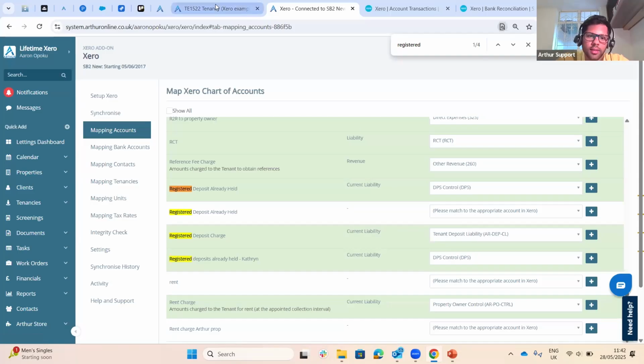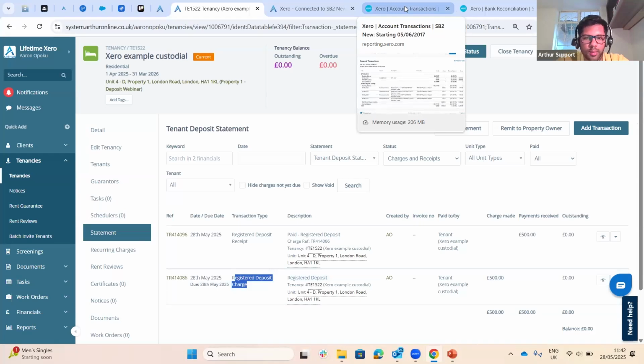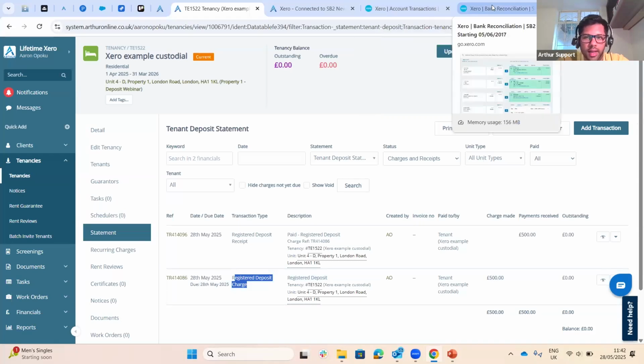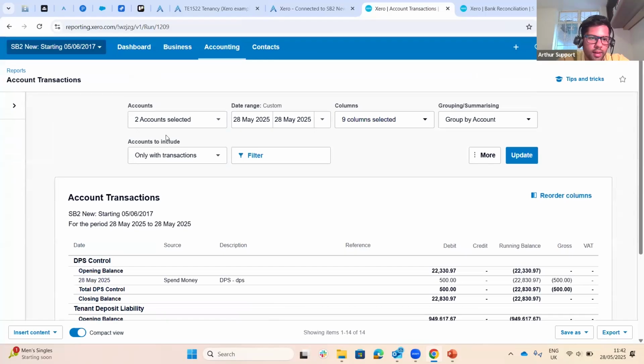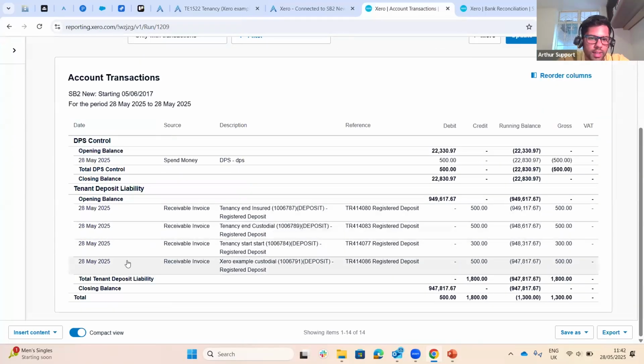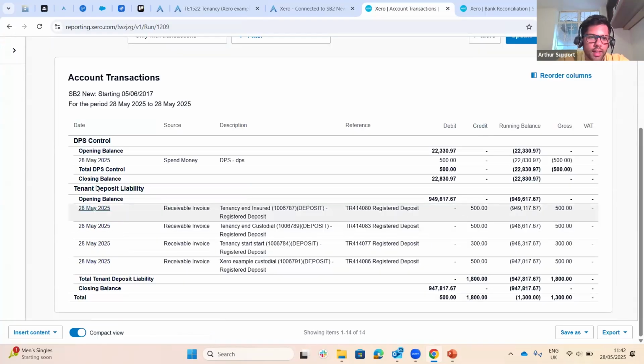So when we raise a £500 charge on Arthur, this registered deposit charge syncs across to Xero and credits the deposit liability account, creating a liability. I have this report open so you can see that here we have the transaction of £500. You can see it's credited the tenant deposit liability account, so on the balance sheet it appears as a liability.